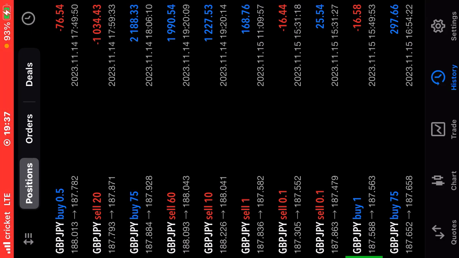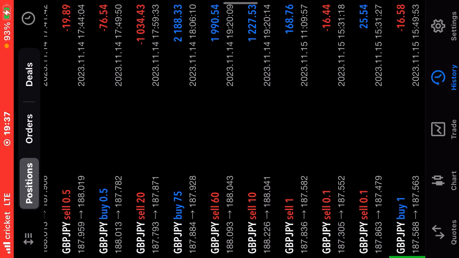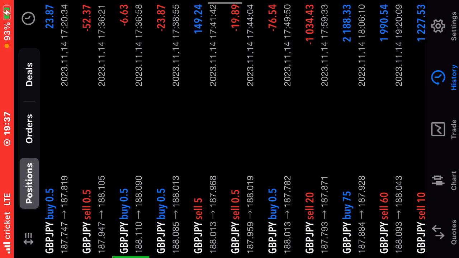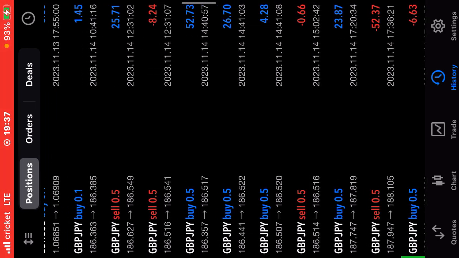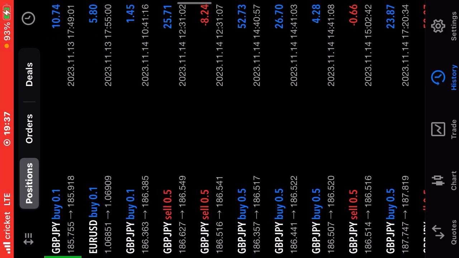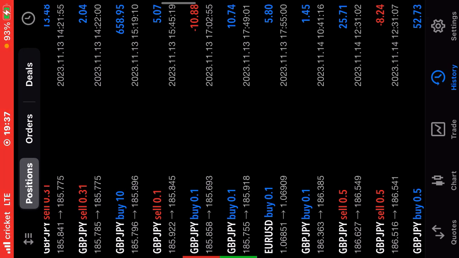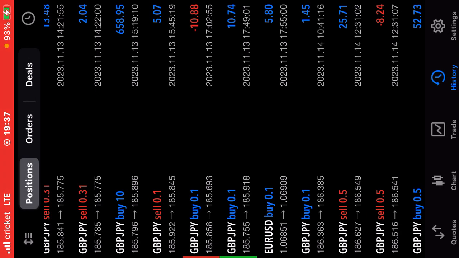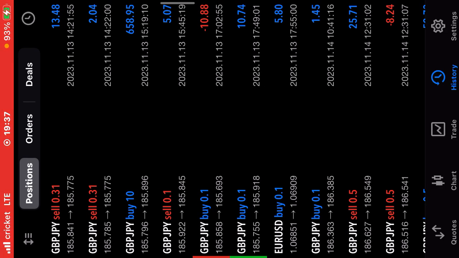I did a big jump. Here's 5 cents, 50 cents, 50 cents, 50 cents, 50 cents. Most of these are 50 cents. There's a 10 cent, 10 cent, 10 cent. There's a 10 lots. That's actually $100 a move every time it moves up one number.